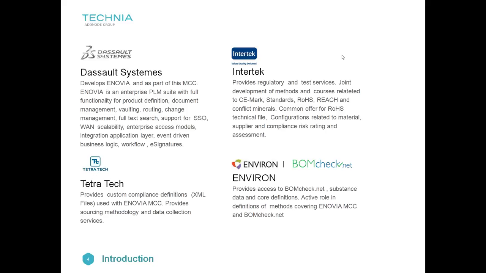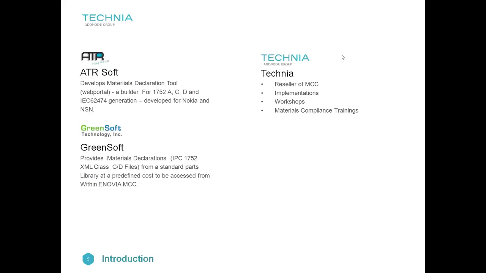Enron is a company that supplies the BOMcheck platform, which is a reporting platform for materials compliance data. Then we have a solution called the ATR Soft Materials Declaration Tool. That is for if you don't already have a builder to, for instance, build a 1752 file for your materials compliance declarations, or the new standard 62474.